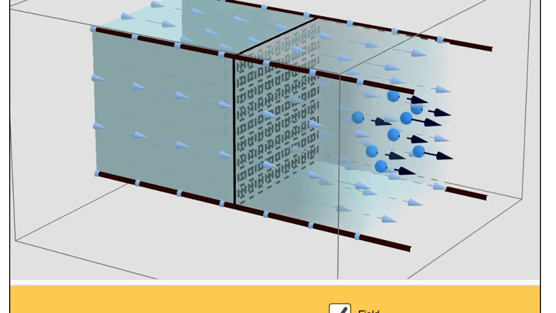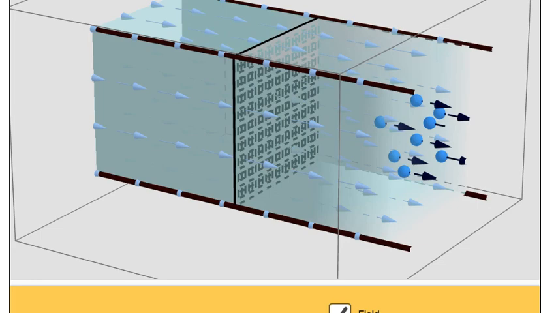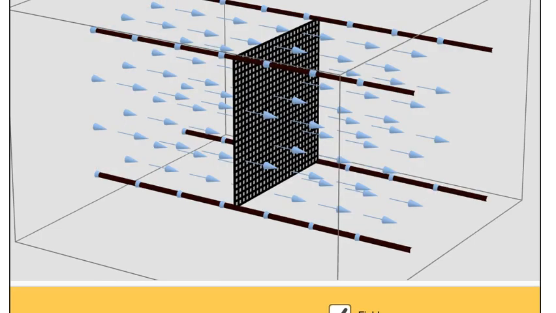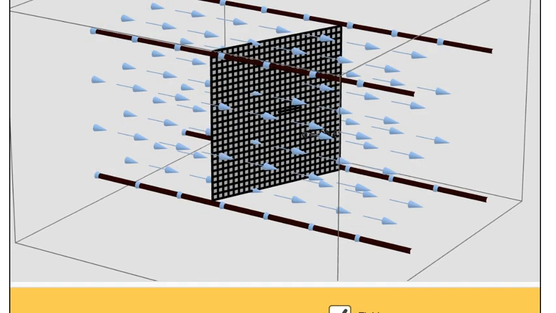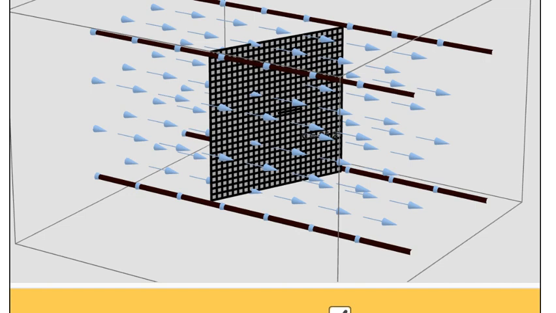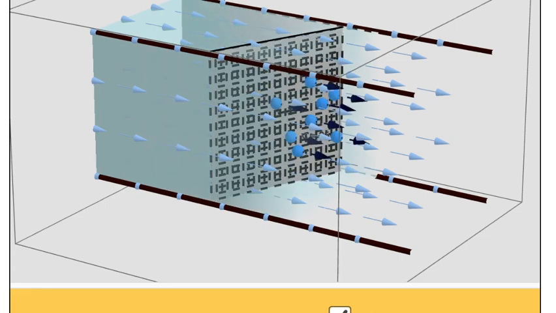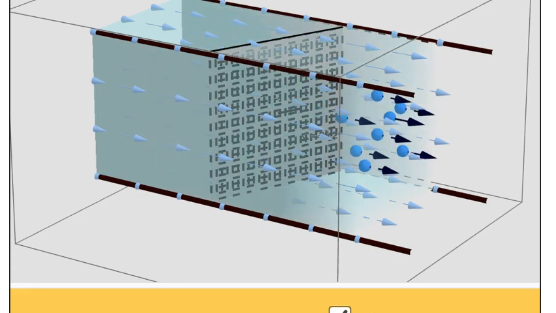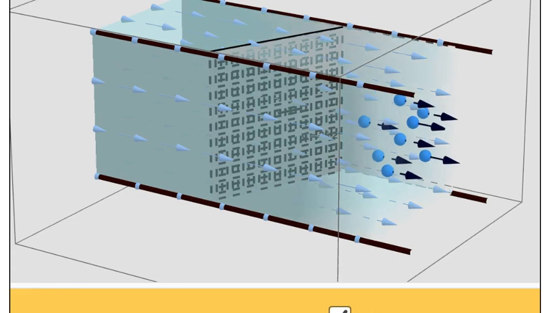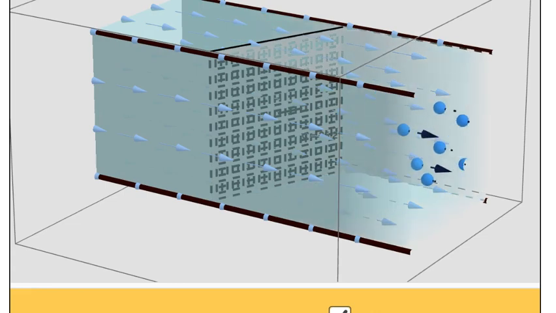But now as you vary the angle, say now an angle of 25.2 degrees, then the flux is smaller, because it's harder for the particles to pass through the membrane. And so you see here that there's smaller flux per unit time.